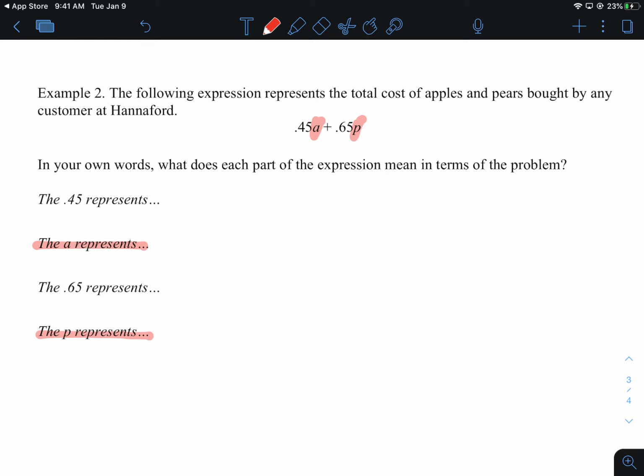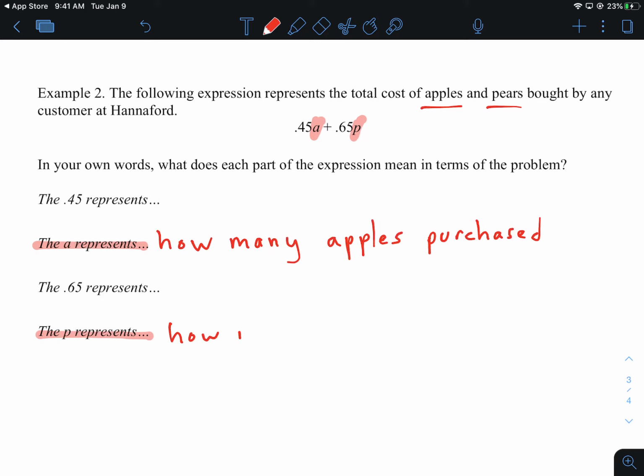We have the total cost of apples and pears. We don't know how many apples or how many pears, so safe to assume A stands for apples, the A represents how many apples were purchased. And in a similar way, the P must stand for how many pears were purchased.